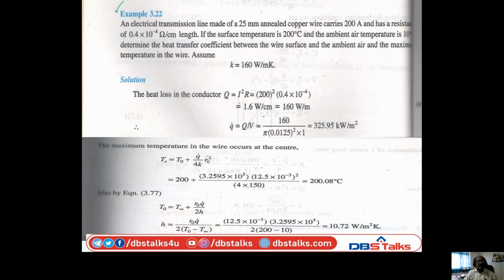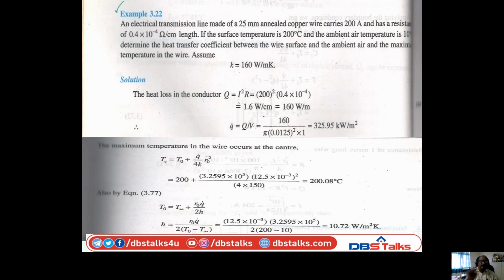Determine the heat transfer coefficient between the wire surface and ambient air. He is asking to find out the h value. Assume K equal to 160 watt per meter Kelvin. K is given. So first you should note down the given data.